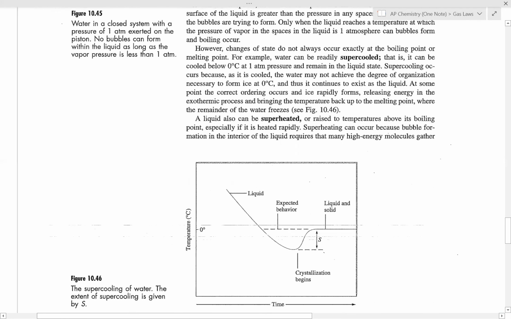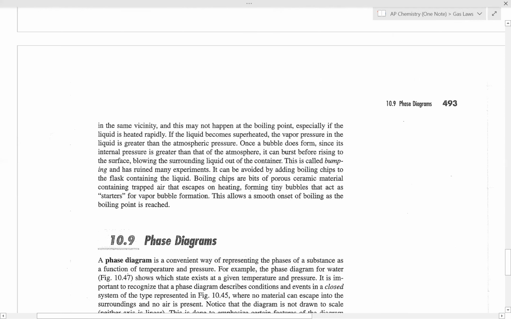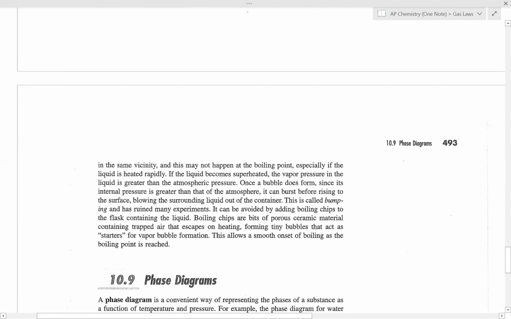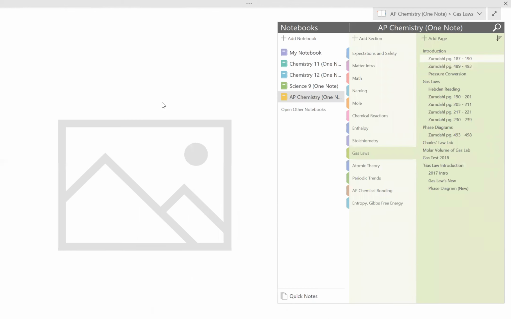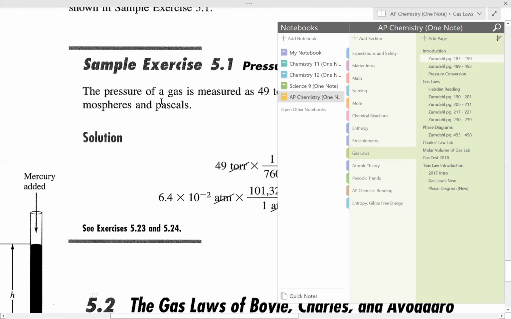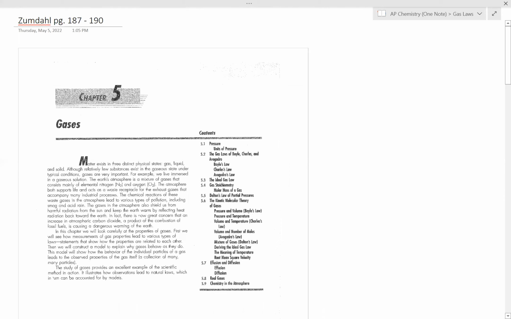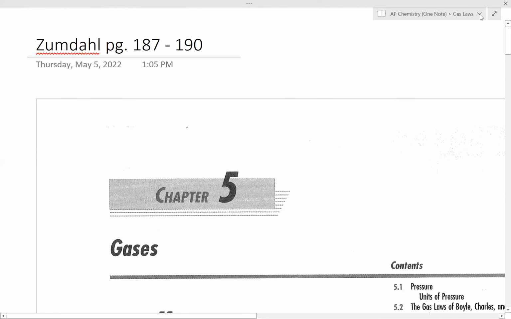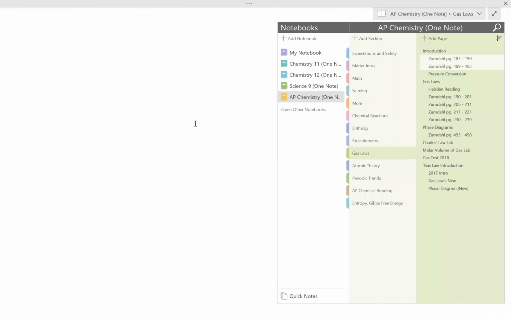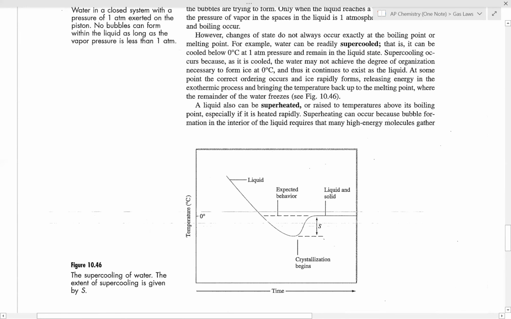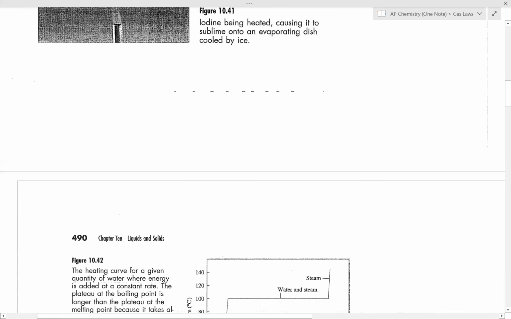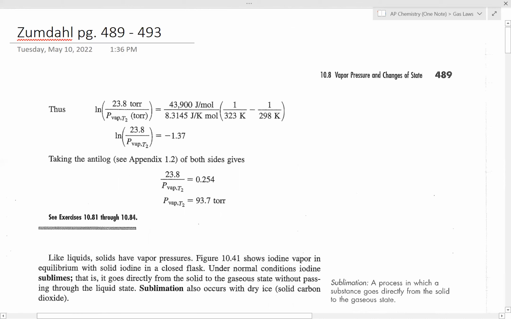So my recommendation is, as you go through this first section, do have your textbook out and reference it. I've already put it here on the side: pages 187 to 190, as well as pages 489 to 493. So that gives you a brief summary from your textbook of what we had covered today.